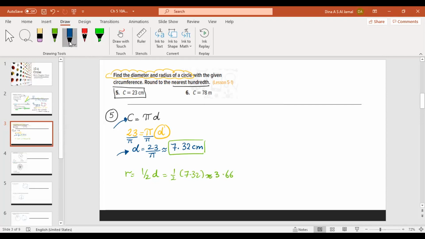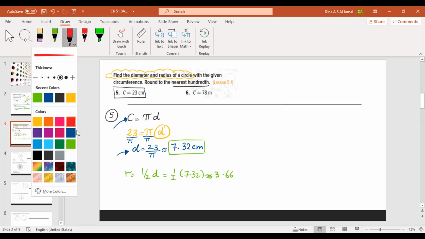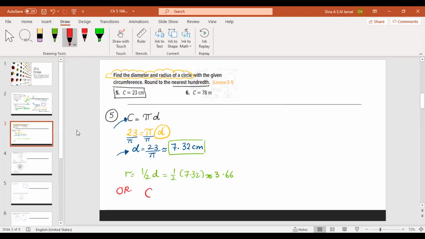Or you can solve it from the beginning and relate it to the circumference, which is safer, because sometimes some people get the diameter in a wrong way. So at least be careful and use the circumference again in order not to get it wrong.